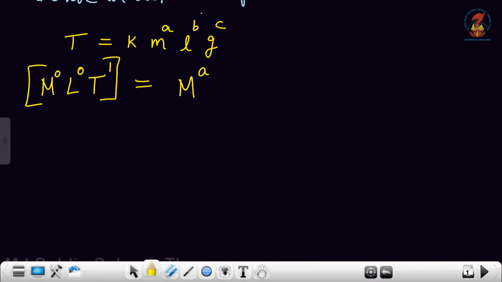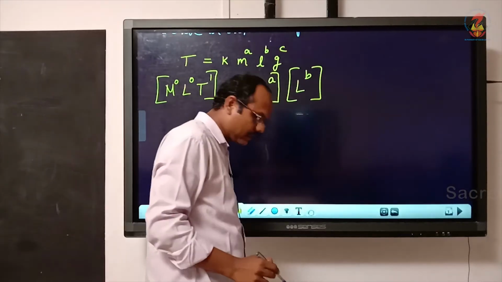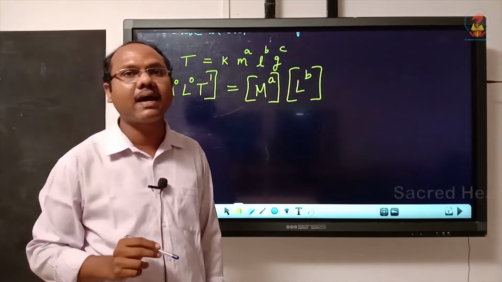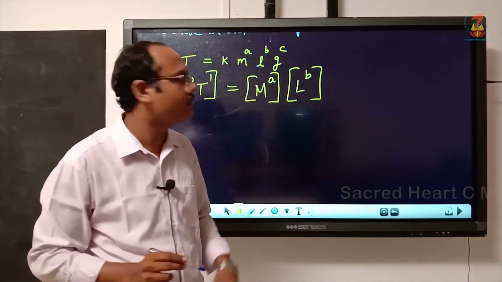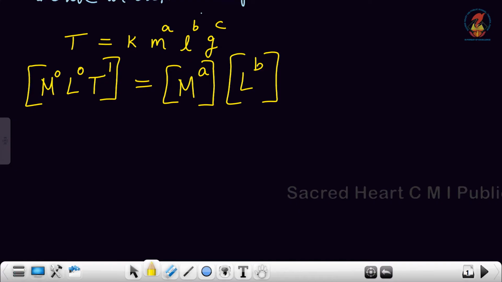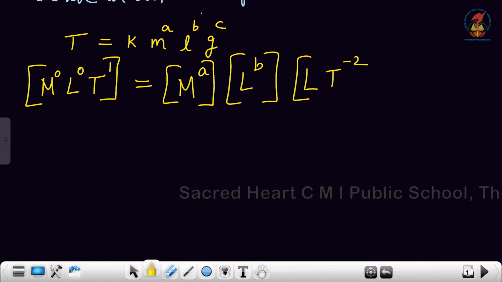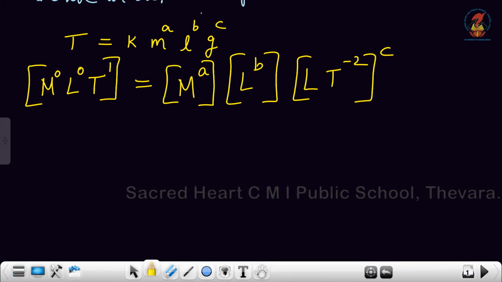Capital M. So I write M raised to a. What is the dimension of length? Capital L. So I write L raised to b. And the third one is acceleration due to gravity, which is same as acceleration. So the dimension of acceleration is LT minus 2, raised to c.